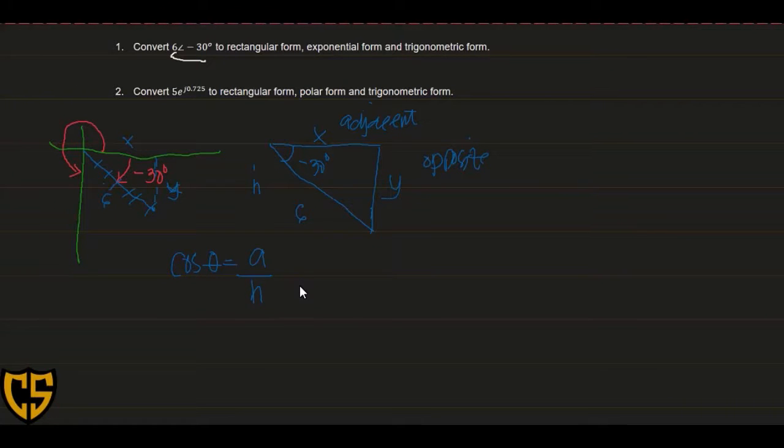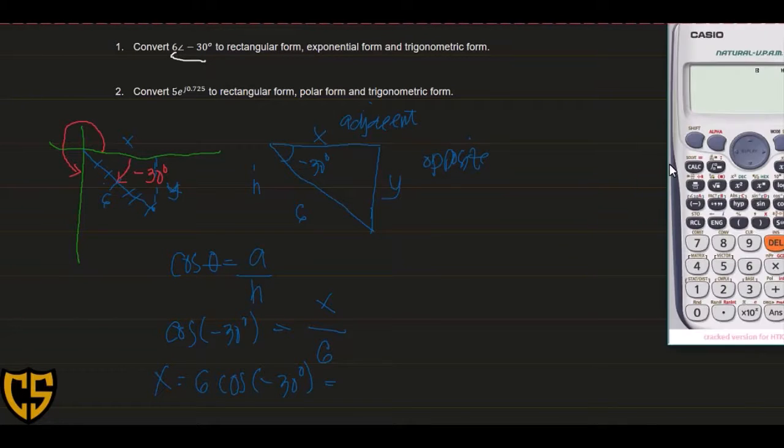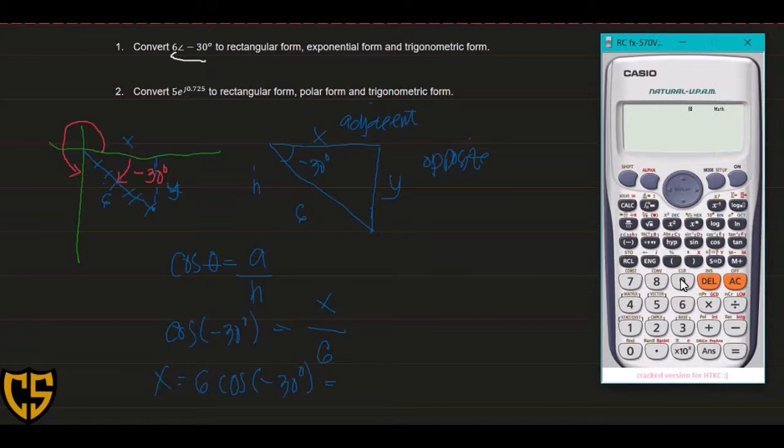So, sa aton nga diagram, we have cosine negative 30 degrees is equal to your adjacent, which is x, over your hypotenuse, which is 6. So, ang value sa imong x is equal to 6 cosine negative 30 degrees. So, pila na siya nga value? We are going to solve this gamit ang ating calculator. So, we have 6 cosine negative 30 degrees.